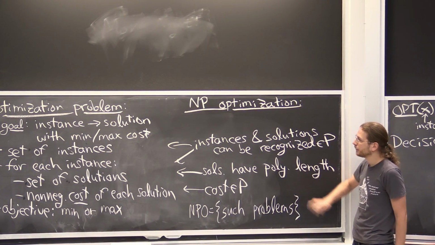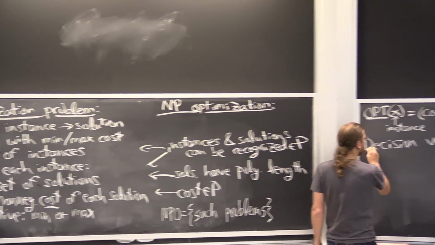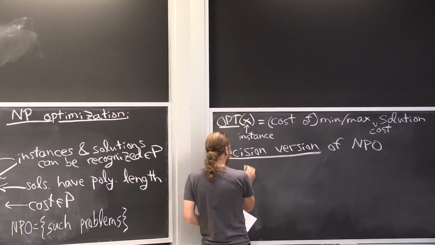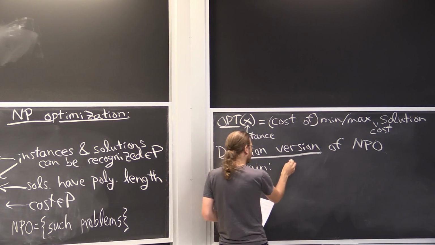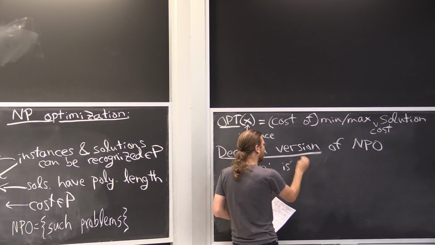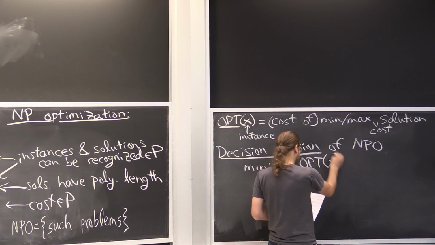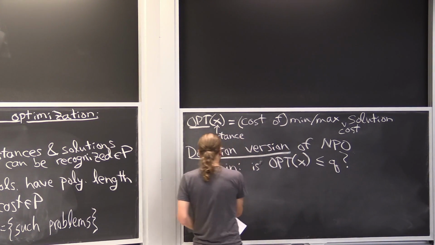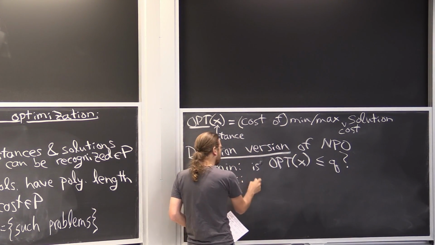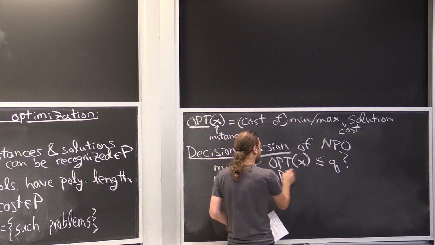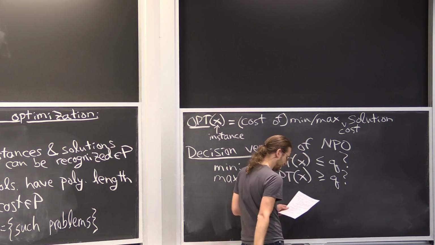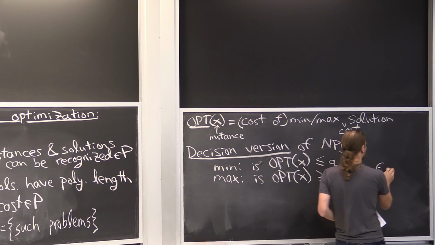I claim that if we convert to the decision version, which for a min problem is the question: is opt of x, the cost, less than or equal to some query value q? And for a max version, is opt of x greater than or equal to q? This thing is in NP.